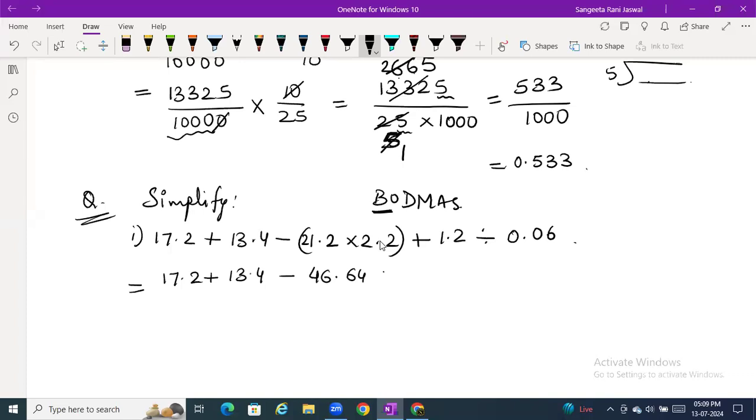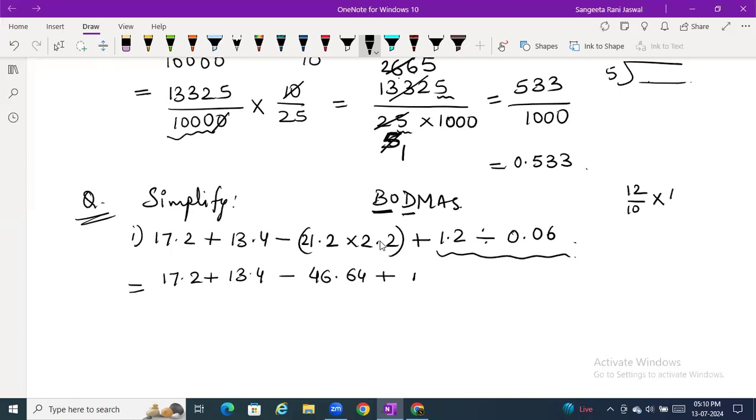Okay. Yes, ma'am. Now plus. Now you will divide these two because then you have to divide. So 1.2 divided by 0.06. How do you divide this? 1.2 you will write like this. Multiply sign and 6 is 6 by 100.